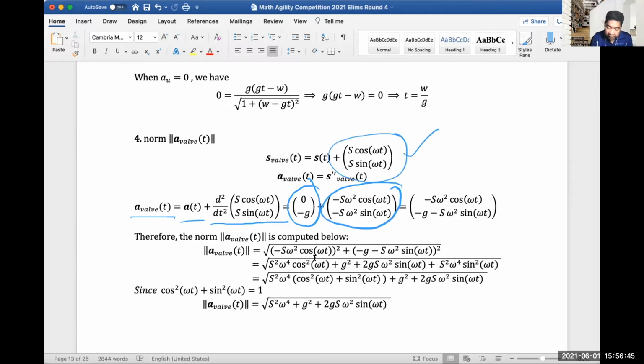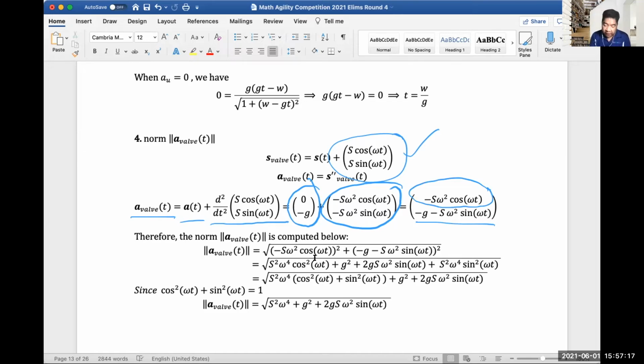And that is negative S omega squared cosine omega t, negative S omega squared sine omega t. So combining, or summing up the two matrices, since it is 0, what is left is S omega squared cosine omega t, and the second row would be negative g minus S omega squared sine omega t.